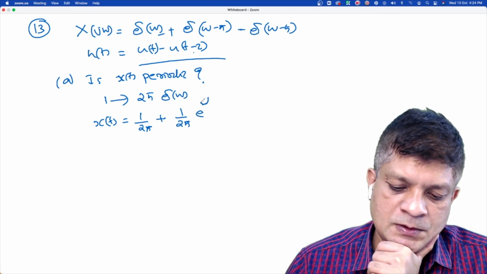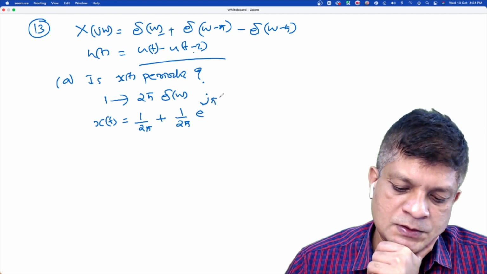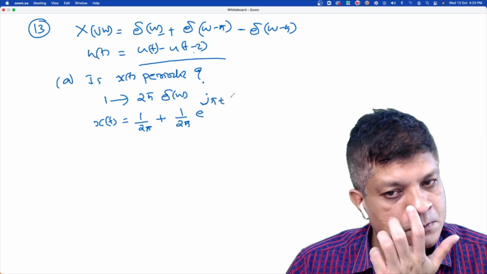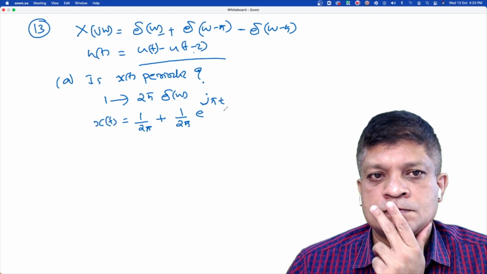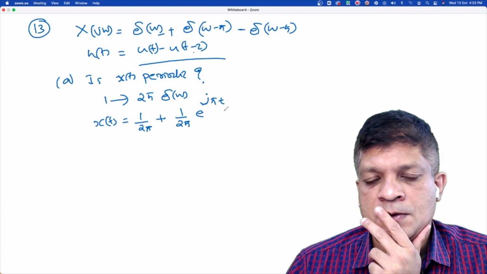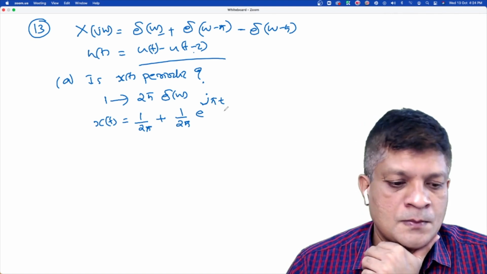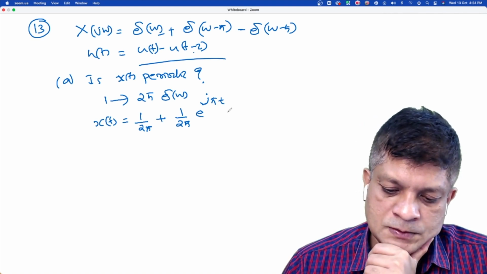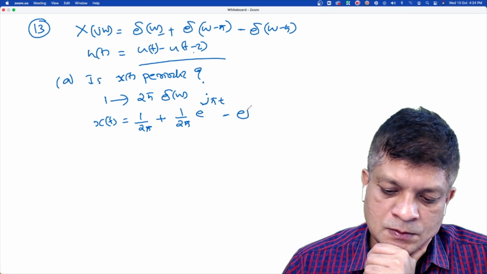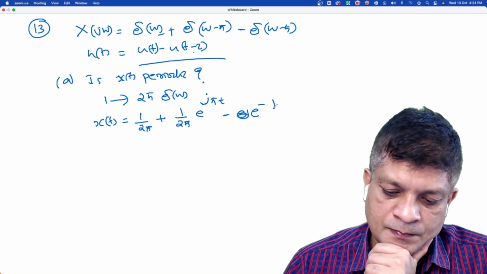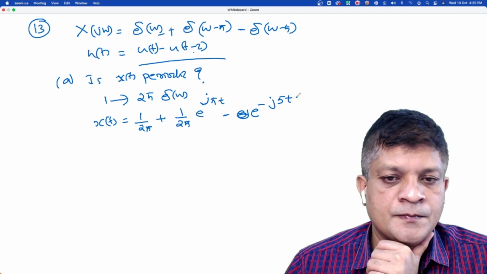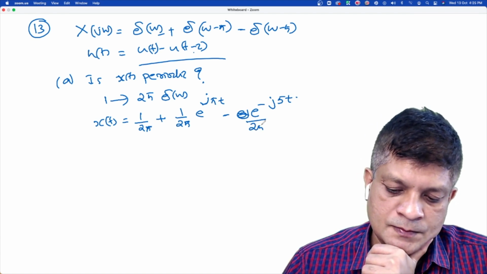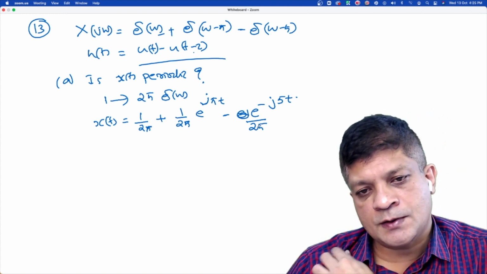And the next one is e to the power minus j pi t. That is the inverse Fourier transform.